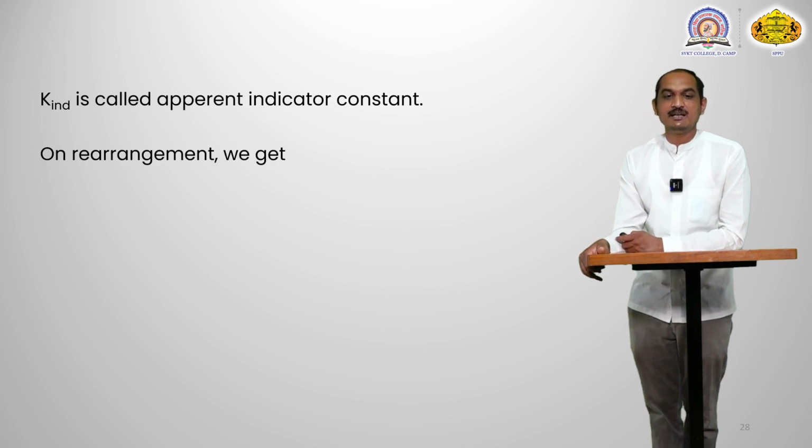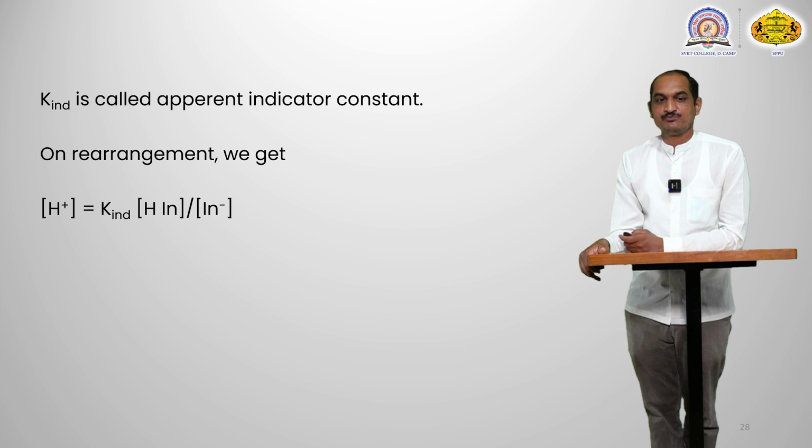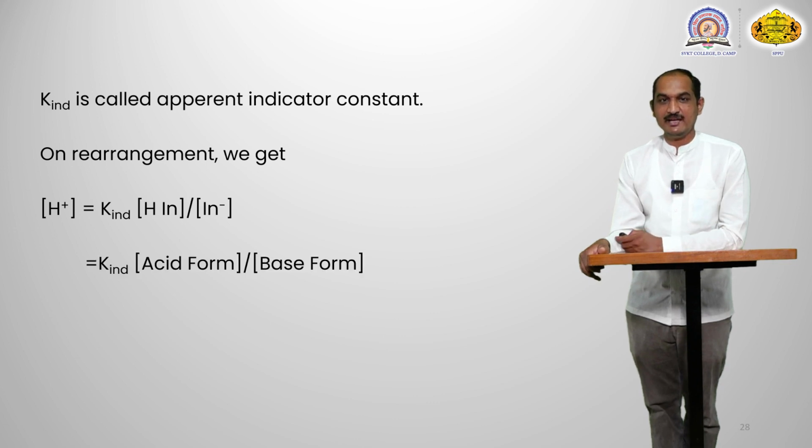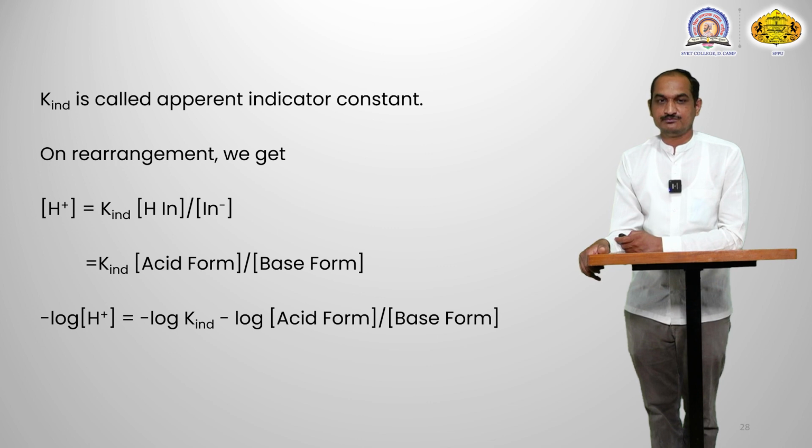When we rearrange this equation, we get the concentration of H+ is equal to K indicator into the concentration of HIn divided by the concentration of In-. Therefore it is equal to K indicator into the concentration of acid form divided by the concentration of base form.